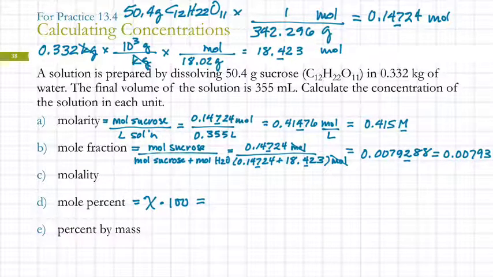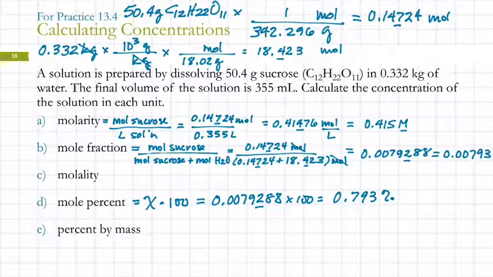So we've got 0.0079288 times 100. Let's see if I can manage to do this one correct. 0.793%. I multiplied by 100 and I rounded in the same step.